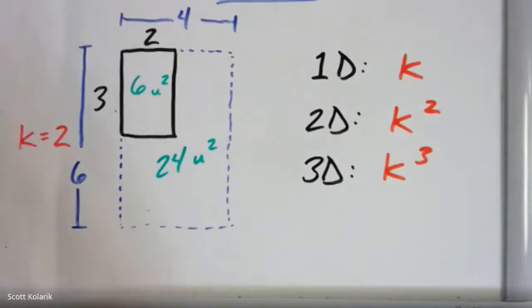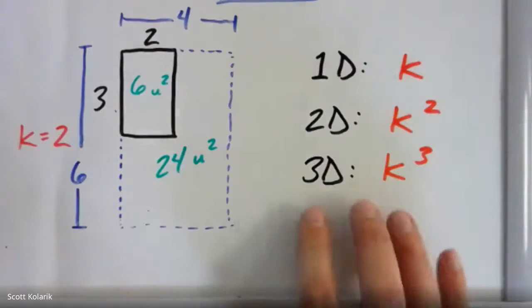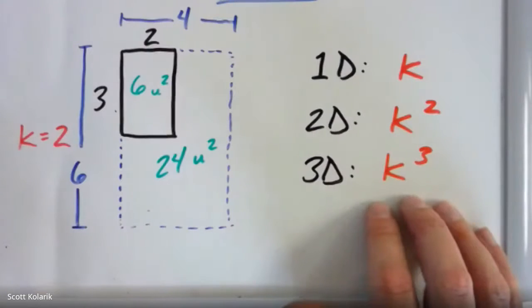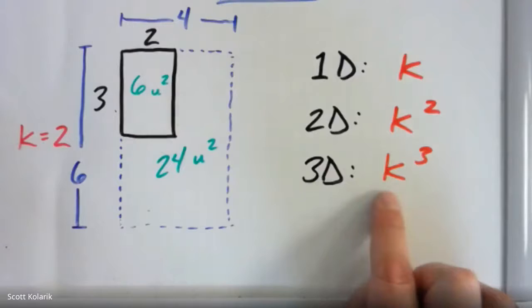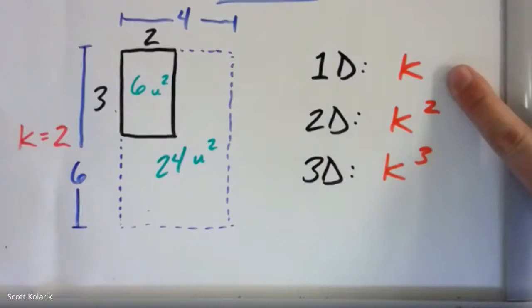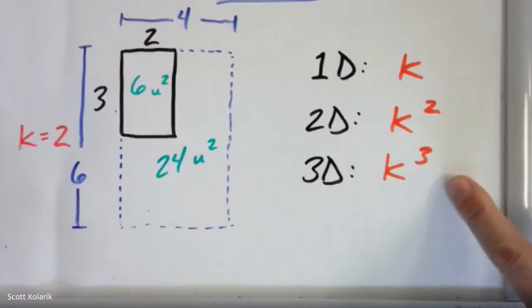And 4 dimensions would be K to the 4th, 7 would be K to the 7th, and so forth. Not that we're going to deal with that at all. But from a volumetric standpoint, whether it's filling with a fluid, a gas, a liquid, whatever it might be, it would be K cubed. So if I had a 1/5 scale, 1/5 cubed would be 1/125. Okay.